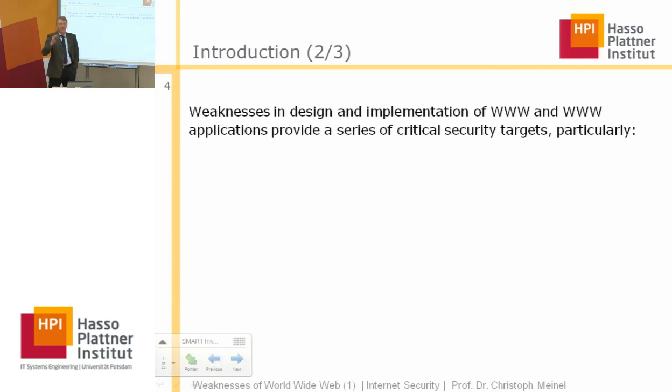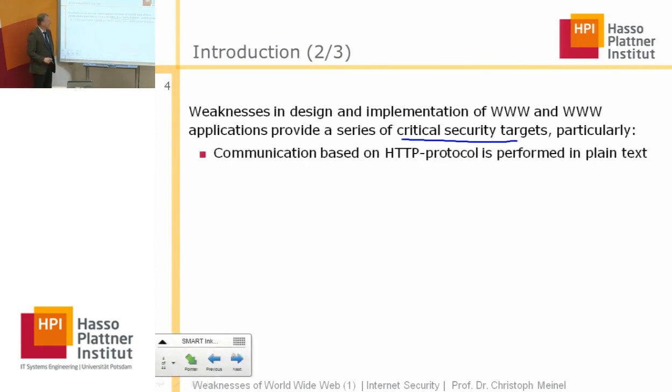But like all these nice things, the weaknesses in the design and in the implementation of the World Wide Web, and particularly in the application of the World Wide Web, also provide critical security targets. And in this lecture, we want to speak about this. Such critical targets are particularly the communication based on the HTTP protocol, which performs all the interaction in plain text.